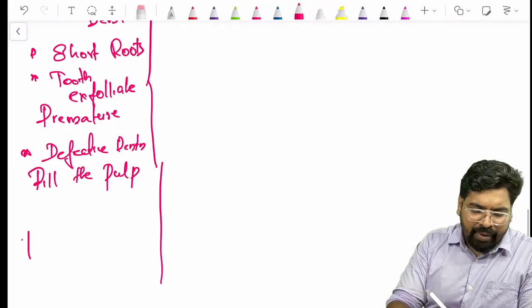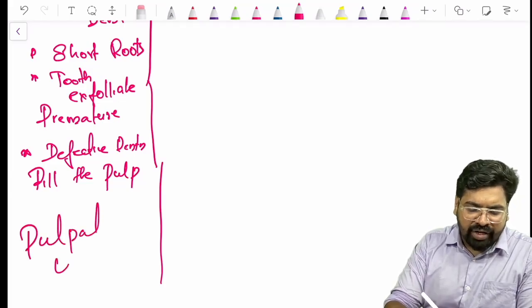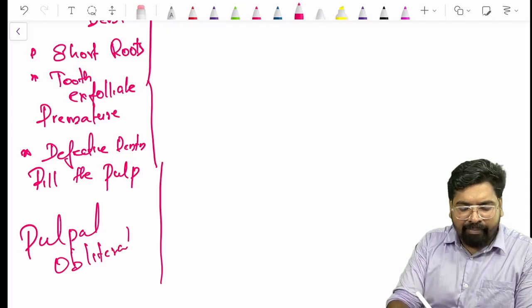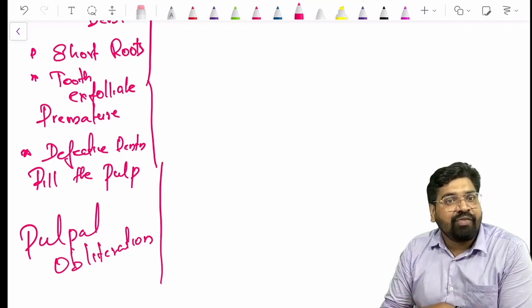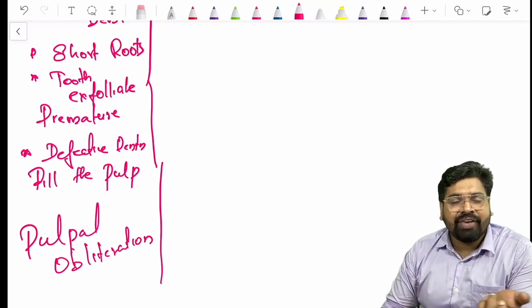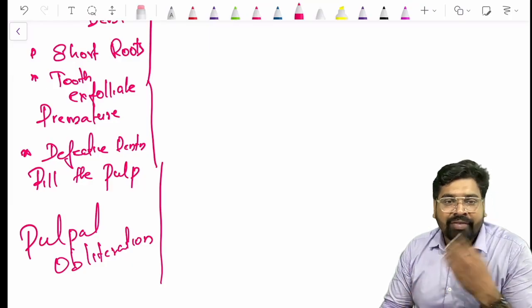We can see pulpal obliteration again, the same pulpal obliteration we have seen in dentinogenesis imperfecta type 1. Same thing you can see here.